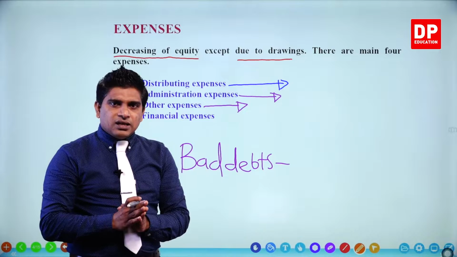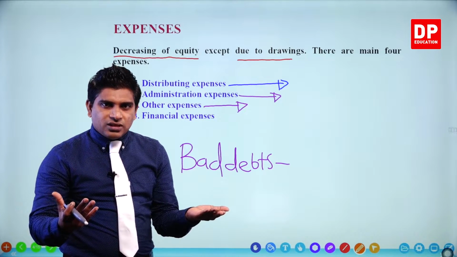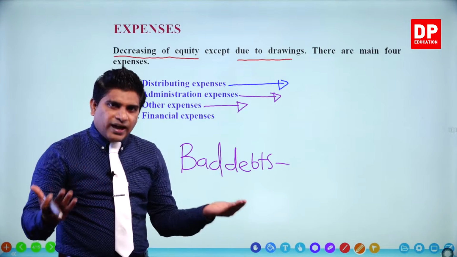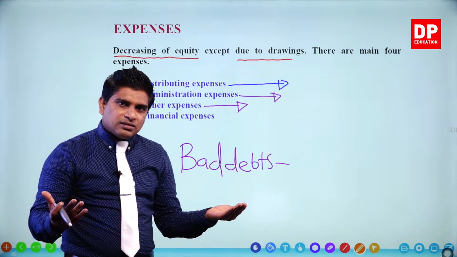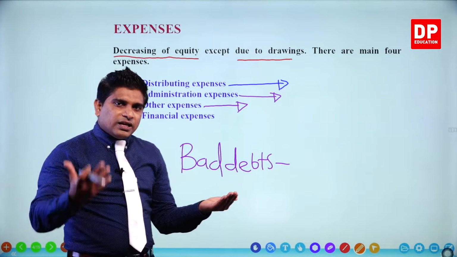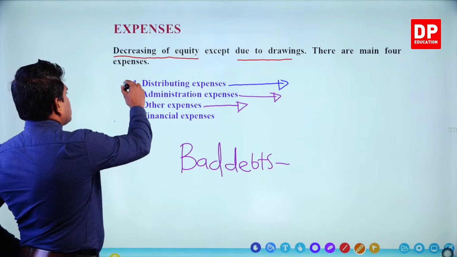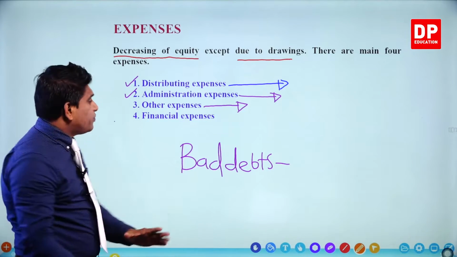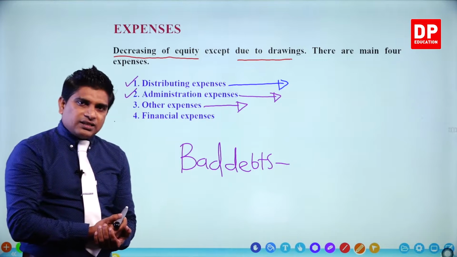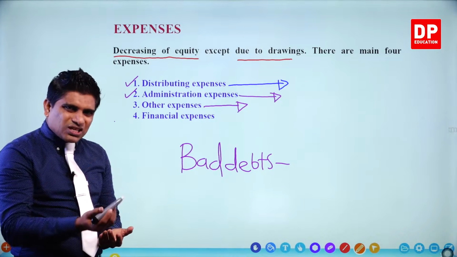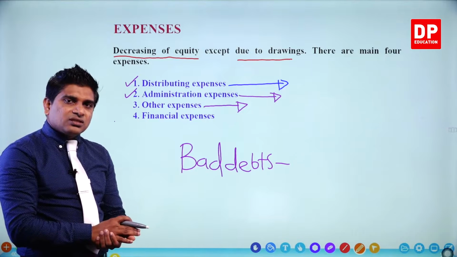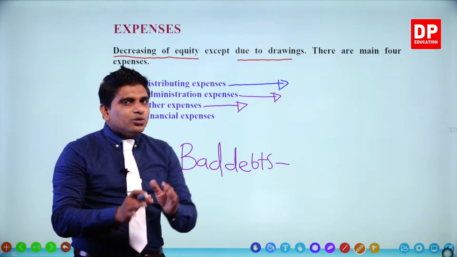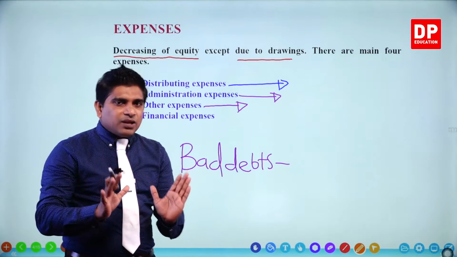But stolen cash is a loss. Stock damage due to flood. Can you put these two expenses under distributing or administration? No. There is no place to record them, so we write them under the other expenses category. Stock losses, stolen cash, donations are other expenses.